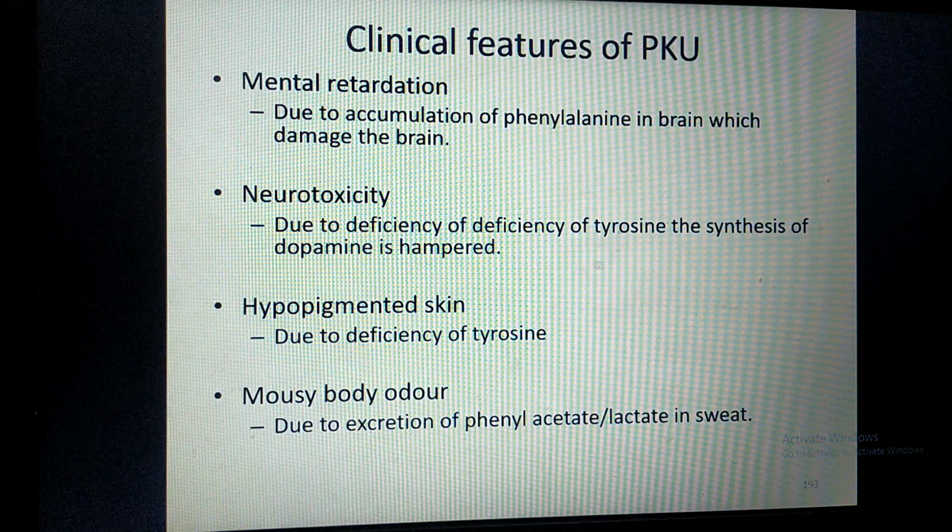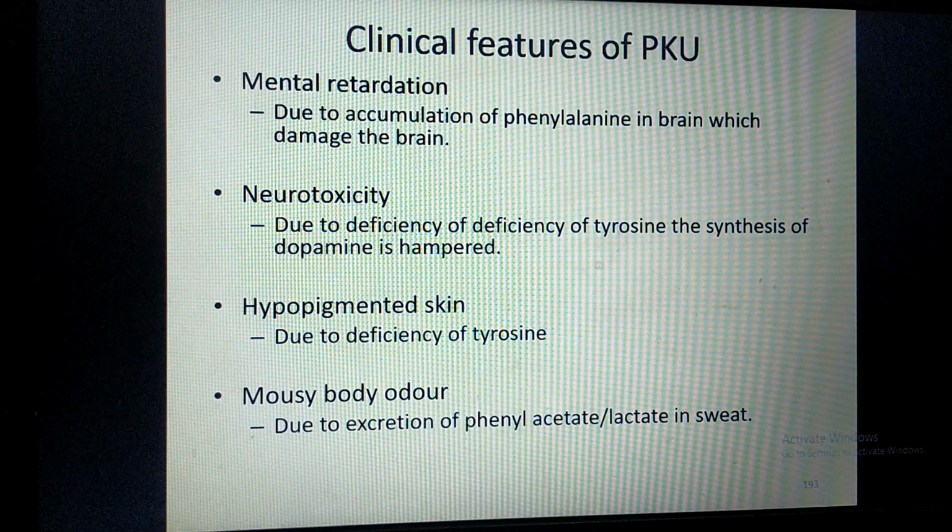The next symptom is neurotoxicity. As I have told you in the beginning, from tyrosine, various neurotransmitters like dopamine, epinephrine, and norepinephrine are synthesized. Due to deficiency of this dopamine, neurotoxicity is seen. As tyrosine is absent, dopamine is deficient. Next is hypopigmentation of the skin.